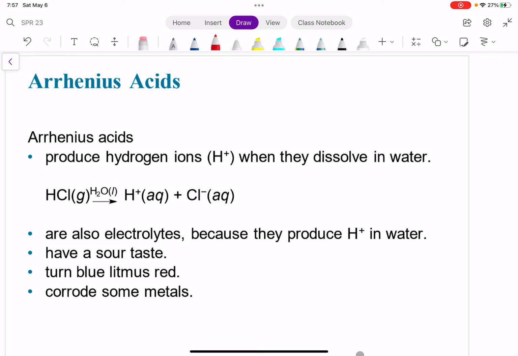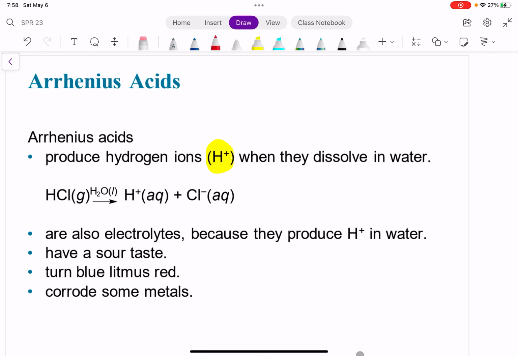Arrhenius acids are named after the Swedish chemist Arrhenius, and he was the first to describe acids as substances that produce hydrogen ions when they dissolve in water. Remember, hydrogen's in group 1A, so it's going to lose an electron to become H+.